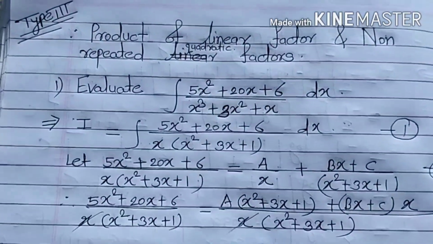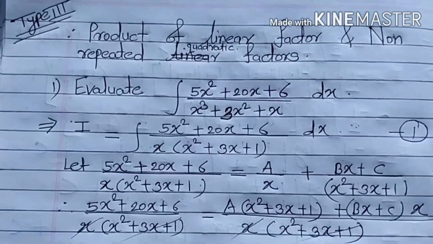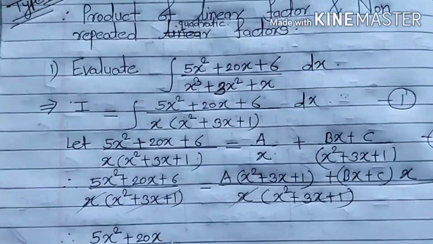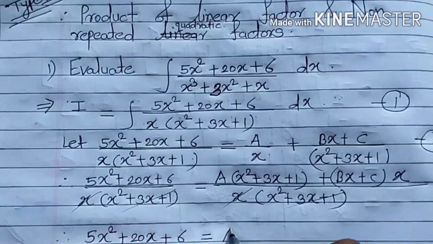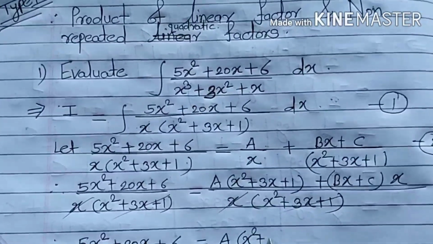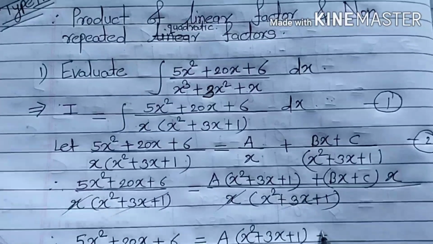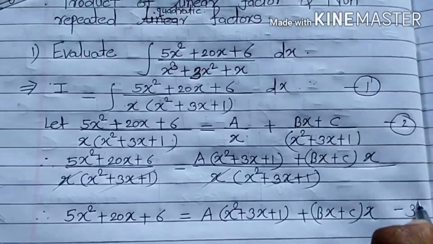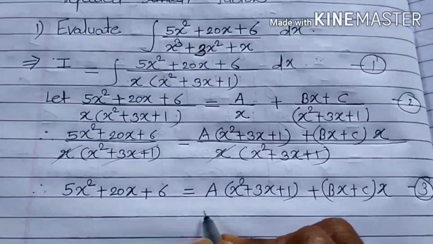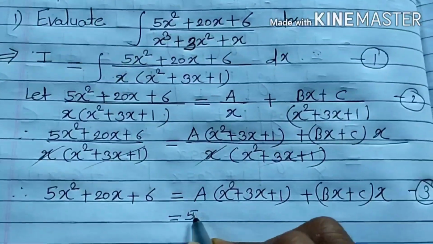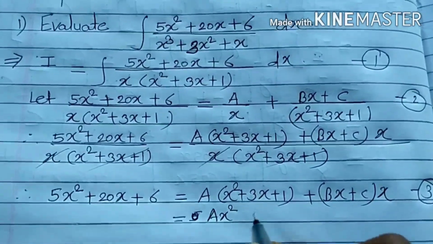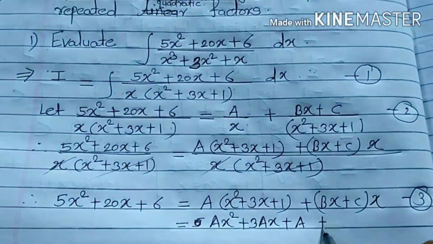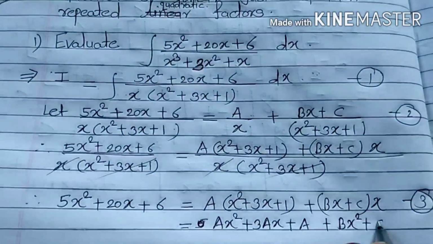Now this x cancels and this also cancels. So we get 5x square plus 20x plus 6 which is equal to a into (x square plus 3x plus 1) plus (bx plus c) into x, which is equation 3rd. Now multiplying this, so we get ax square plus 3ax plus a plus bx square plus cx.